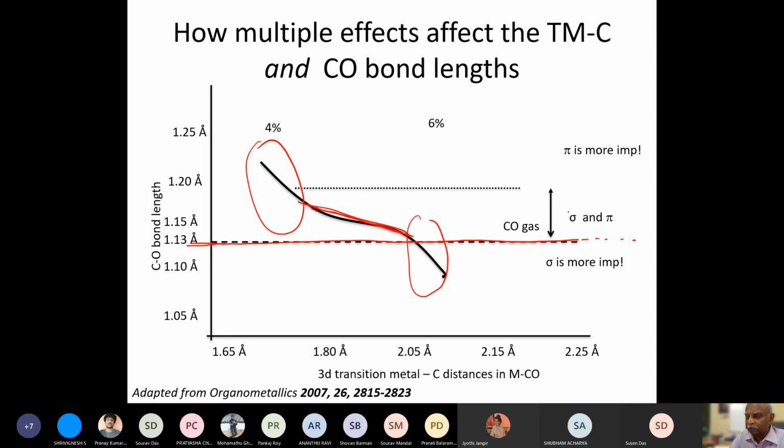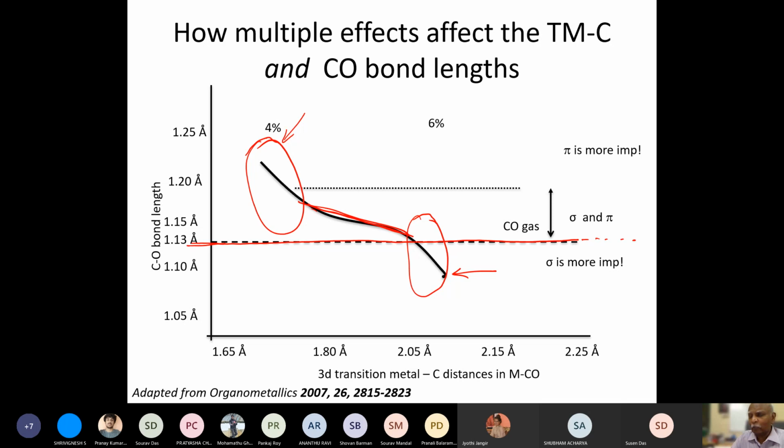And you find that in some cases, the carbon-oxygen bond length is in fact decreased from what you expect. And in some cases, it is expanded or increased more than what you expect from the simple bonding pattern that you've been talking about.